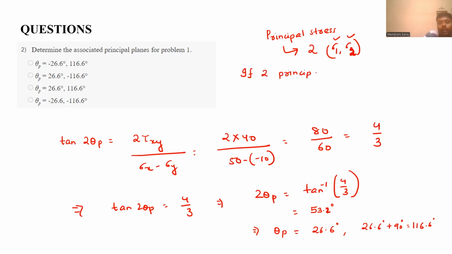If two principal stresses are there, then two principal planes will be there. Till this point, is it okay? Please tell me if this point is okay or not.